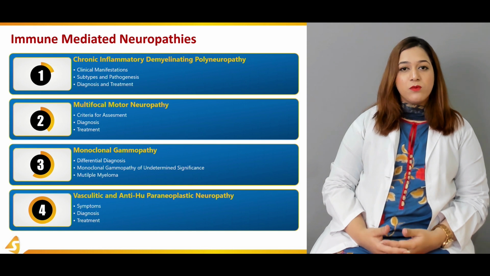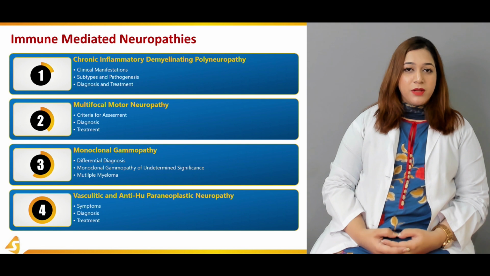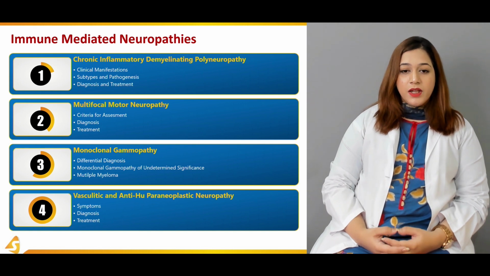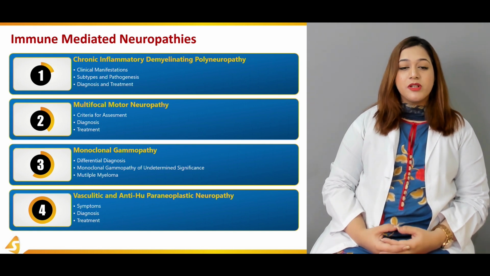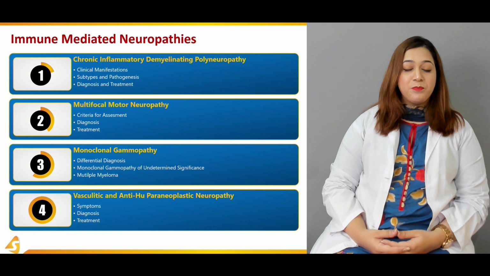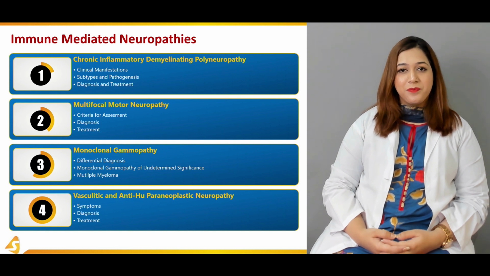If that tumor involves neurological system, it may cause a paraneoplastic neuropathy. These neuropathies are associated with several autoantibodies. And in this section, we will talk about the symptoms, diagnosis, and treatment of these vasculitic and anti-HU paraneoplastic neuropathies.